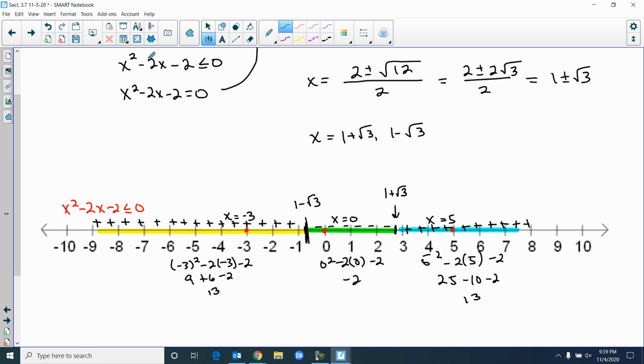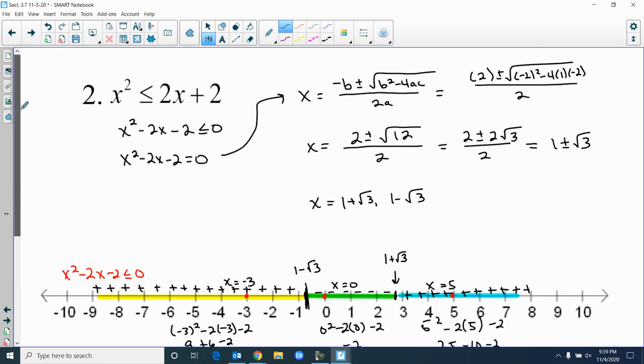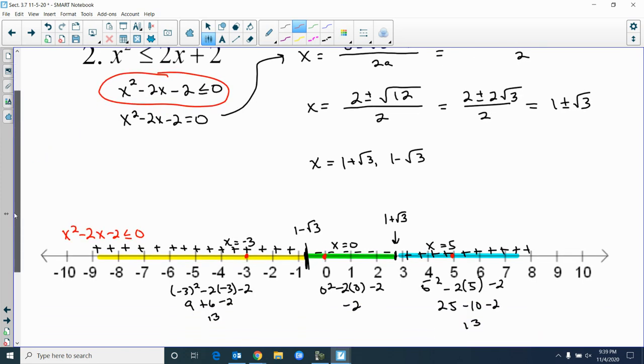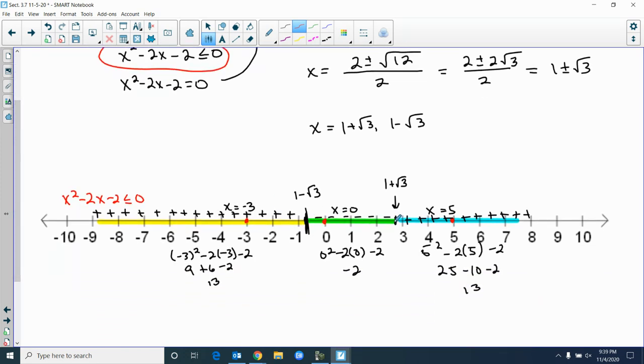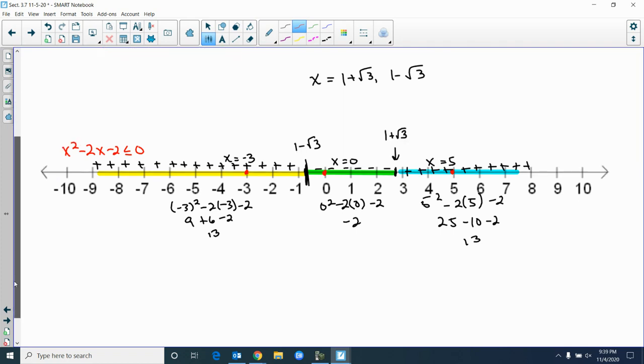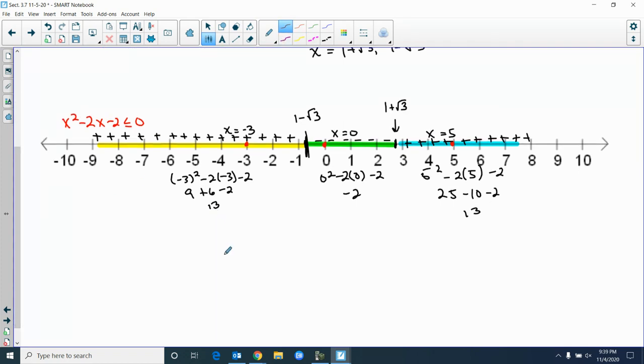All right, well, the answer to the question: it wants to know where it will be less than or equal to 0 after you move everything over. It's going to be equivalent to what we got there. Well, where's it going to be negative? It's going to be negative in between the two zeros. So my solution will be x exists in the interval from 1 minus square root of 3 to 1 plus square root of 3.